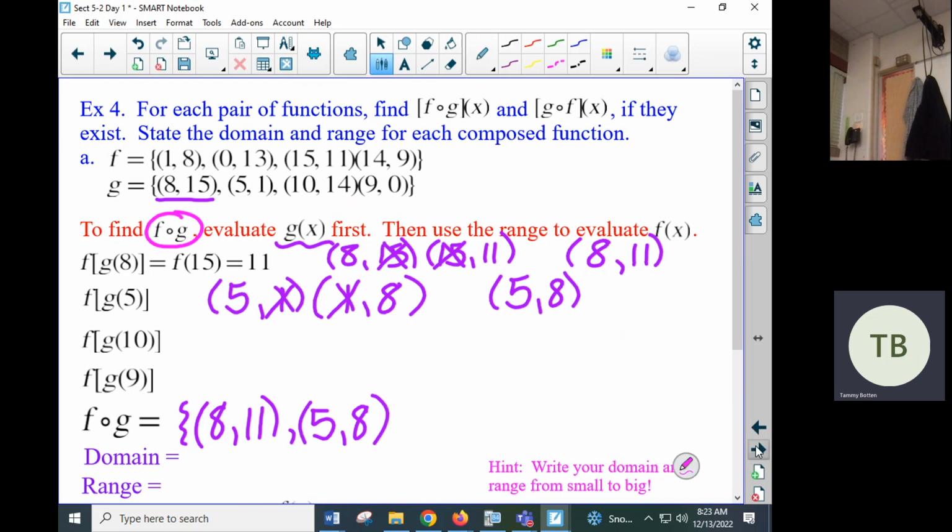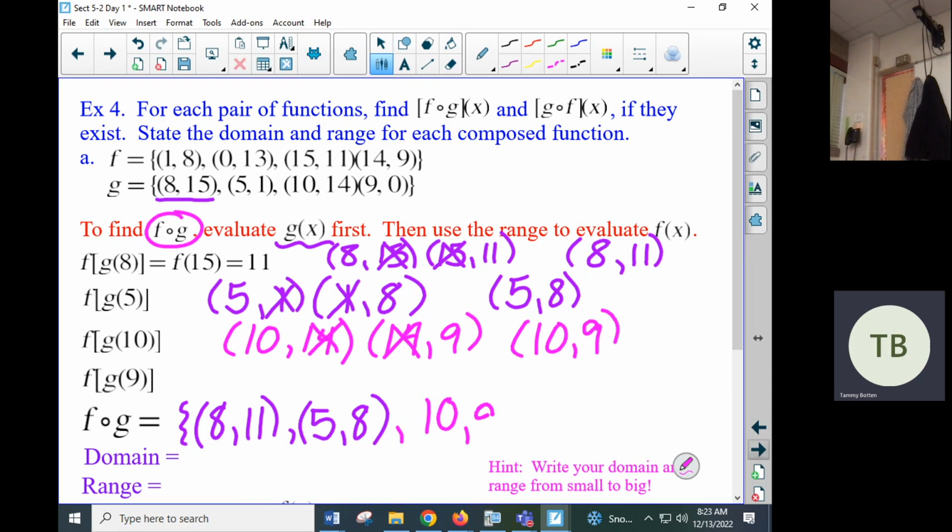But like I said, once you get good at this, you're not going to be writing this out. The next point is 10, 14. So you're going to look for one up here that starts with 14, which is 14, 9. And then these cancel and we have 10, 9. Okay. Then the last point is 9, 0.